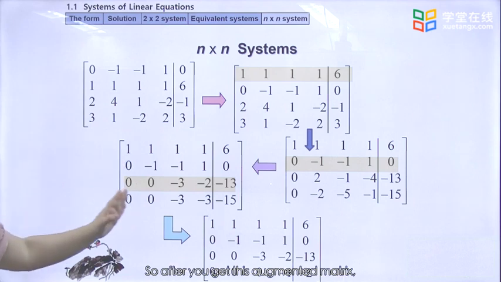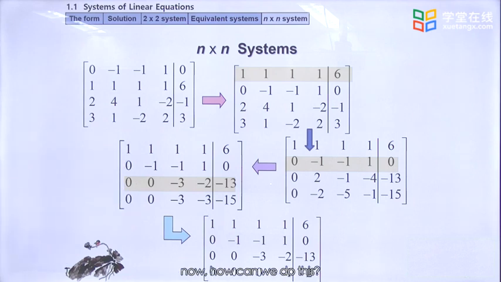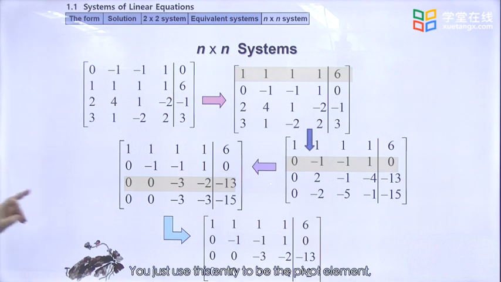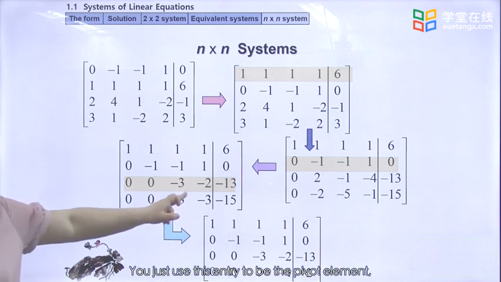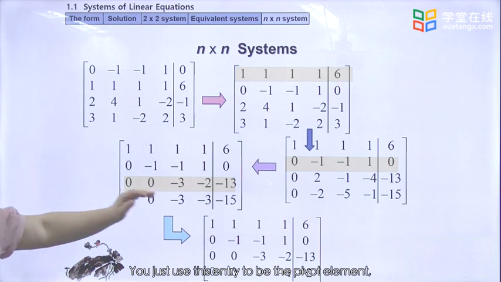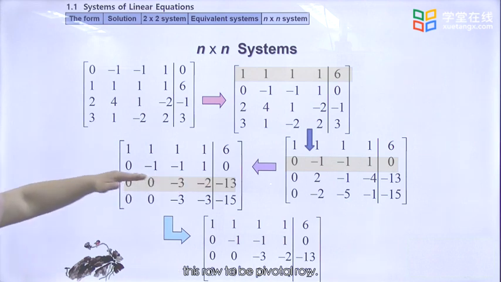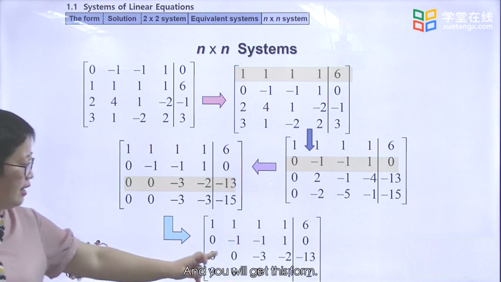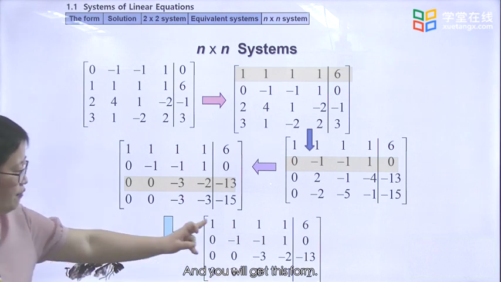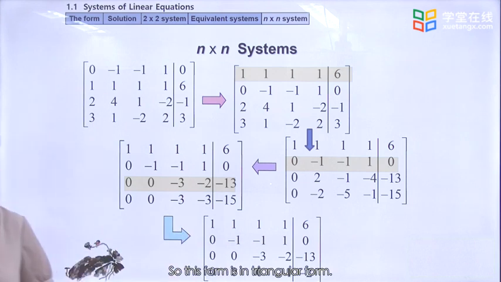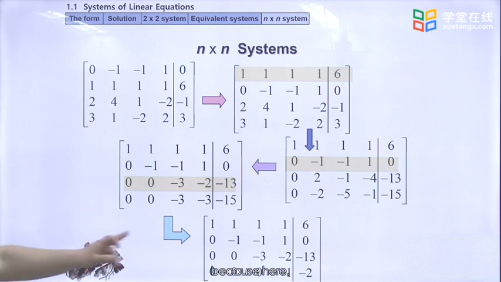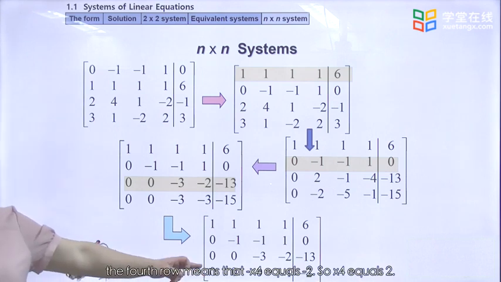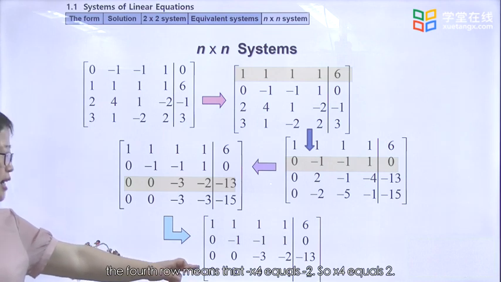After you get this augmented matrix, how can we proceed? You just use this entry as the pivot element, and this row as the pivotal row, and you will get this form. This form is in triangular form, so we get x4 equals 2, right? Because here the fourth row means minus x4 equals minus 2.